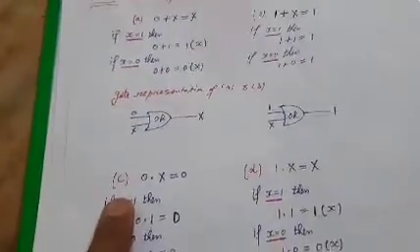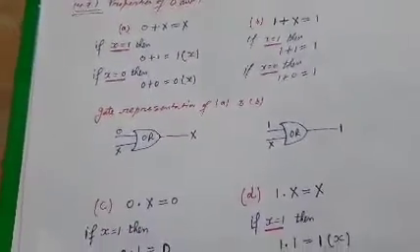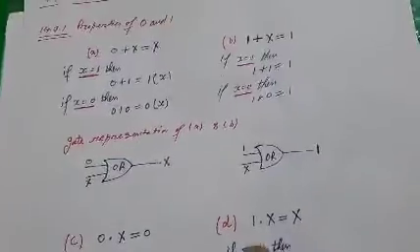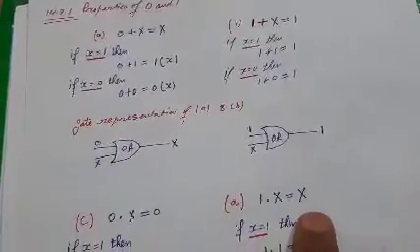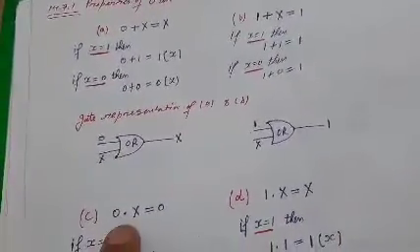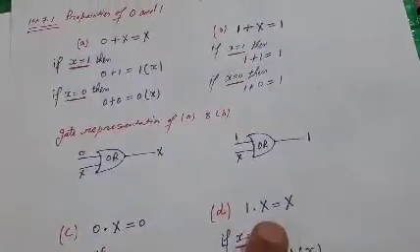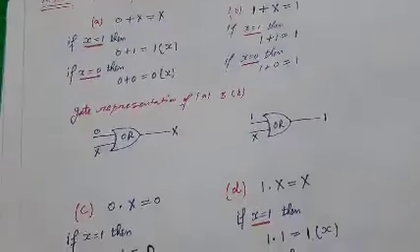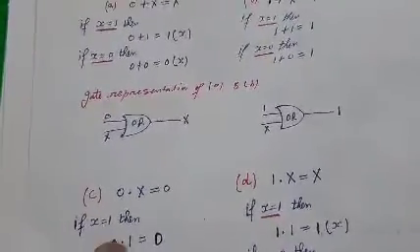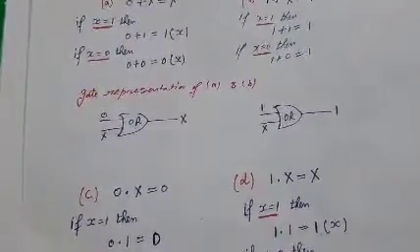C part: 0 dot x equal to 0, 1 dot x equal to x. 0 AND operator x equal to 0, 1 AND operator x equal to x. If x equal to 1, then 0 dot 1 equal to 0.